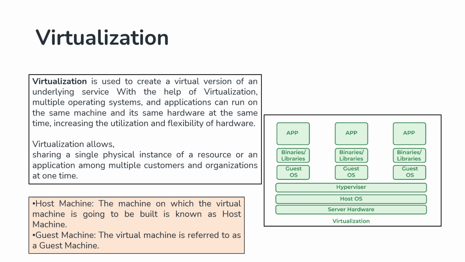So for virtualization, the server hardware will be there, which is the hardware device. Upon that, the host OS will be there, and to connect the guest OS and the host OS, we have the hypervisor. So the host machine will occupy the guest OS, and on the guest OS only we can run any application.